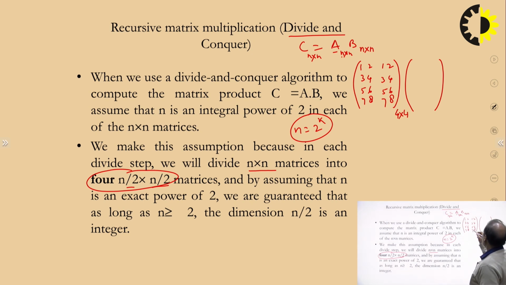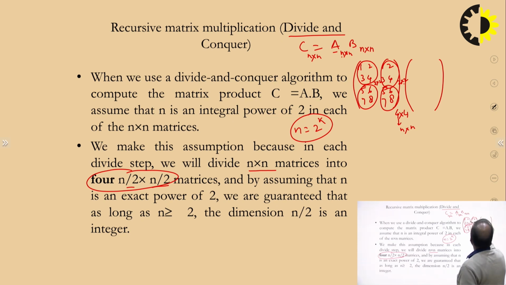This is one matrix of 4 rows and 4 columns. If you divide this by 2 by 2, two rows and two columns, that means this is n by n. So individual matrices can be 2 by 2, right. Same thing, this is also 2 by 2, and this is also 2 by 2, right.